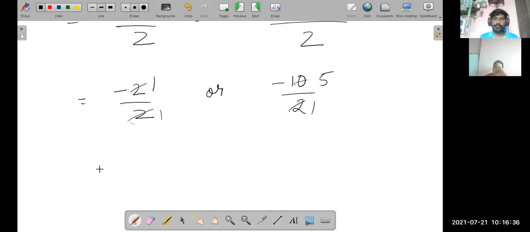The rest of the sums are like that except the fifth one. So if you do the fifth one, I can do the rest. Okay. So here we got -1 and -5 as the solution.